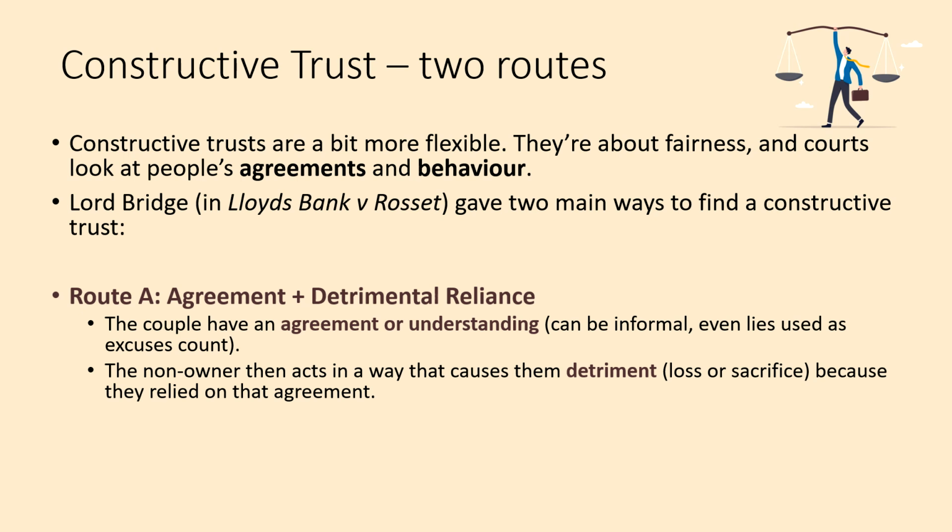So if you already have done modules in contract law, for example, you know this kind of concept where we've got estoppel and this kind of thing. The code kind of protects people to some extent who are relying on a promise.